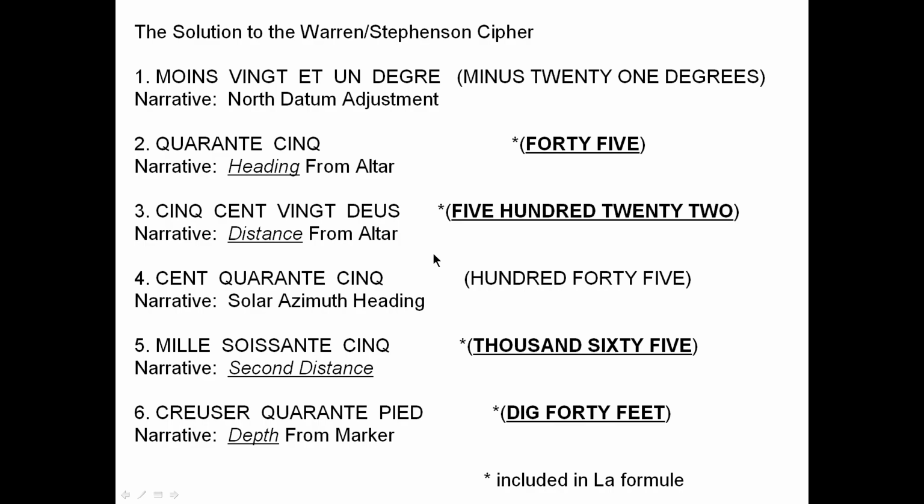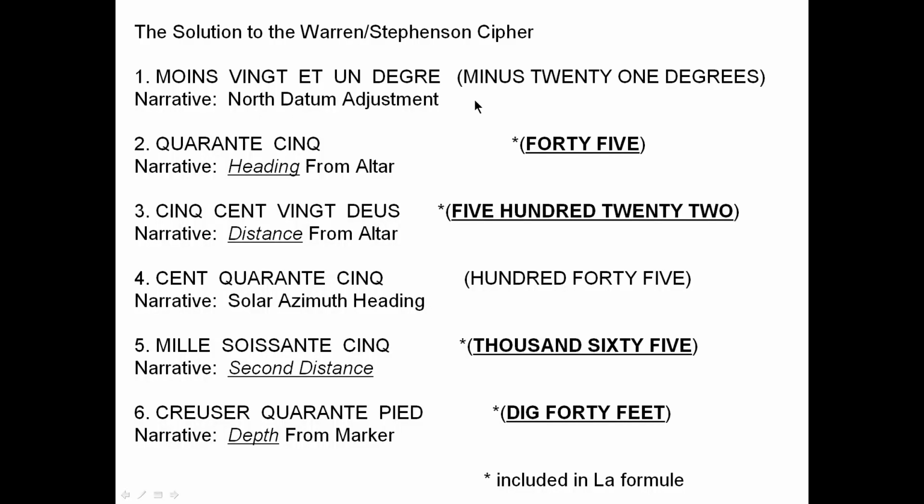Now, the cipher, when decoded, is in French. And this is decoded just like the 90-foot stone, the same symbols to the same letters. And it's translated, this one is minus 22 degrees. So the narrative is this is a north datum adjustment.